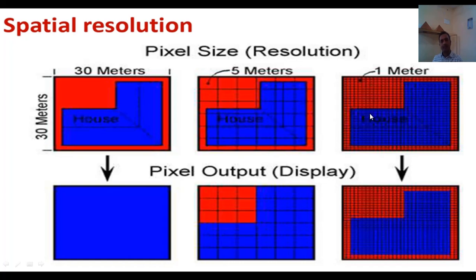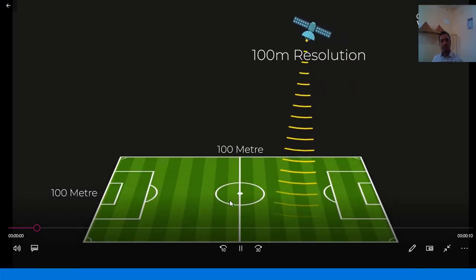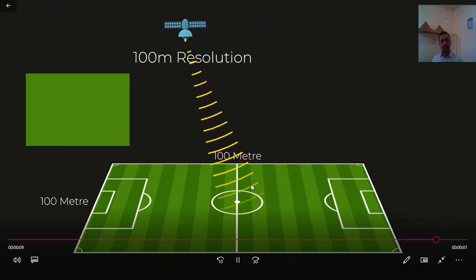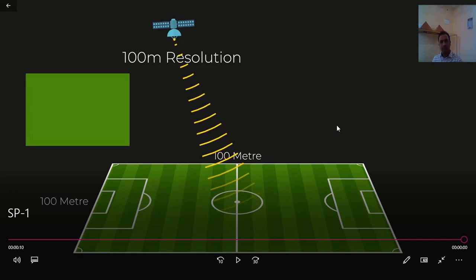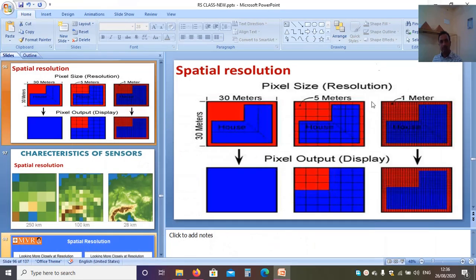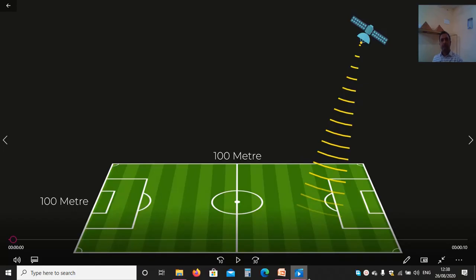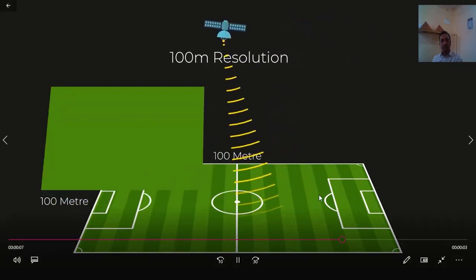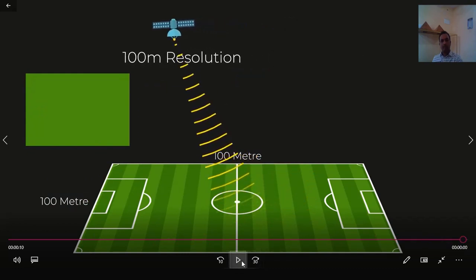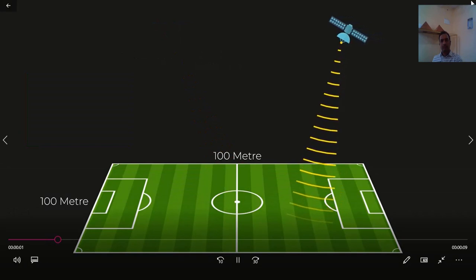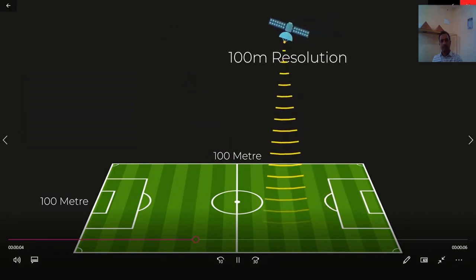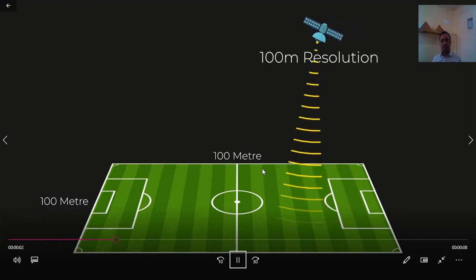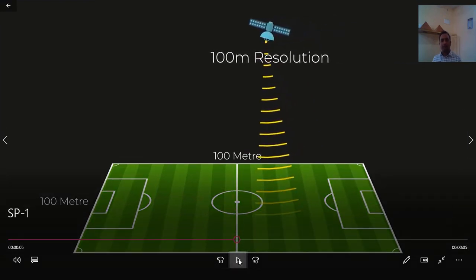I will show you another example. For example, if you image a 100 meter playground, it appears like this.